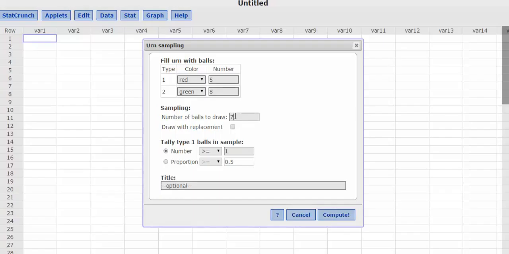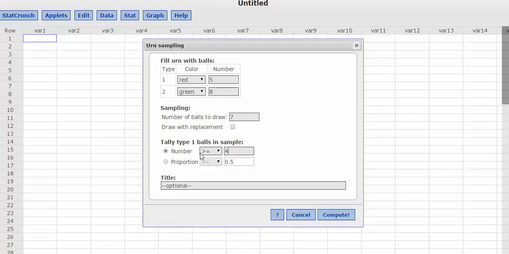Now, what we want is those occurrences where the number of red balls chosen is greater than the number of green chosen. With 7 balls drawn, that can happen if 4 of them are red and only 3 are green, or if 5 are red and only 2 are green. And therefore, we have this constraint, greater or equal to 4.